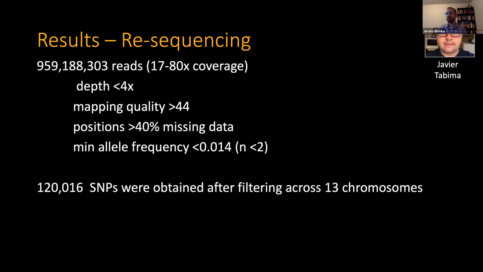And basically that represents that fewer than 2 individuals out of the full 122 that we resequenced would have had that allele. So when all this filtering was done, and I'd be happy to discuss that in more detail afterwards, we ended up with approximately 120,000 SNPs that were spaced across the genome and across the 13 chromosomes of this organism.